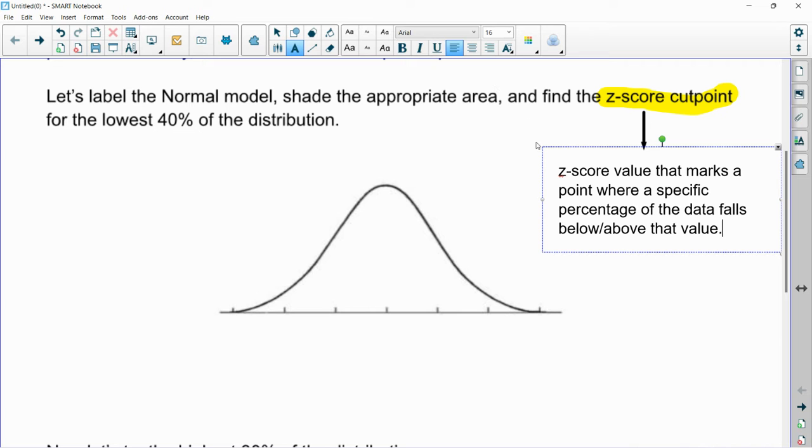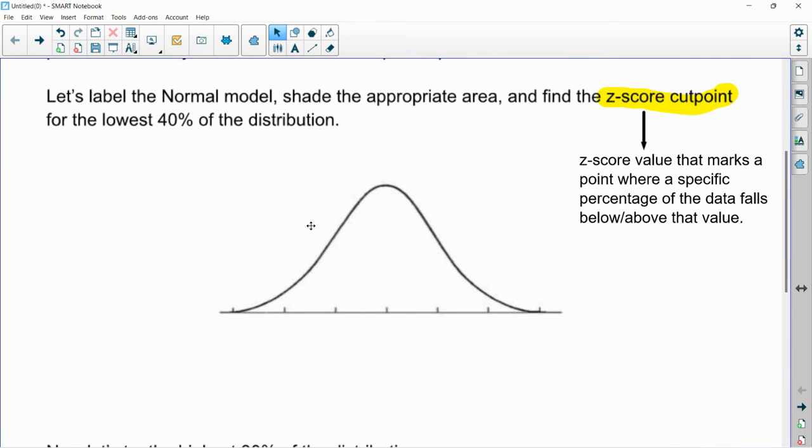So it sounds pretty fancy, but all it is basically is a z-score number where there's a certain percentage of the data to the left of it and a certain percentage of the data to the right of it.